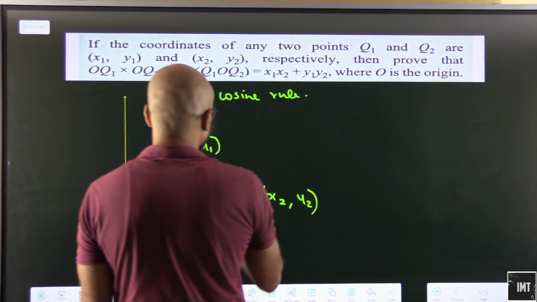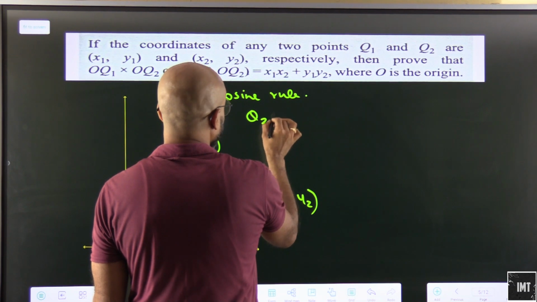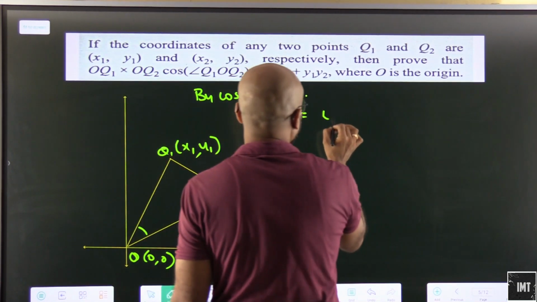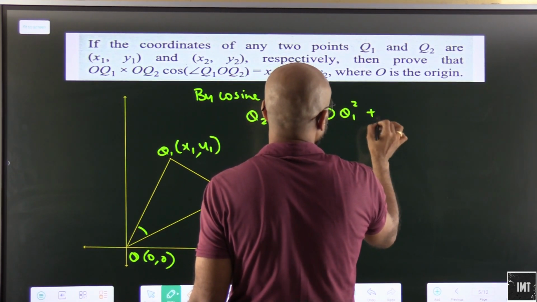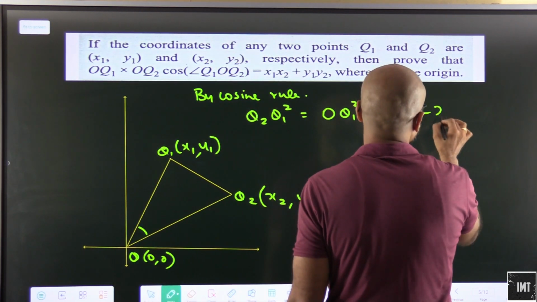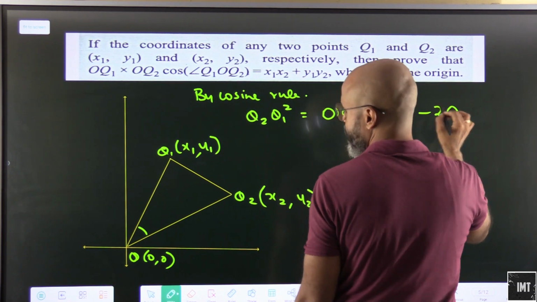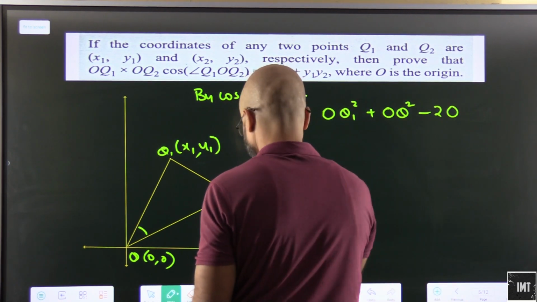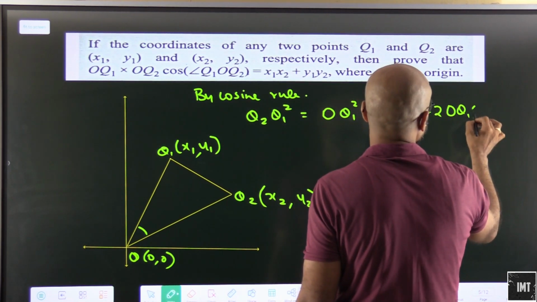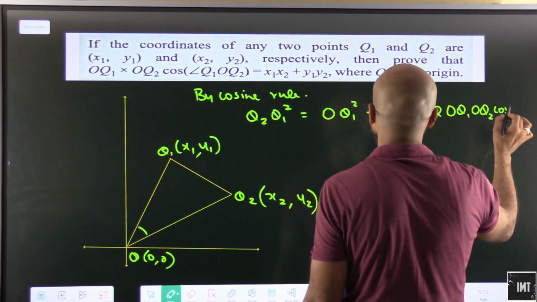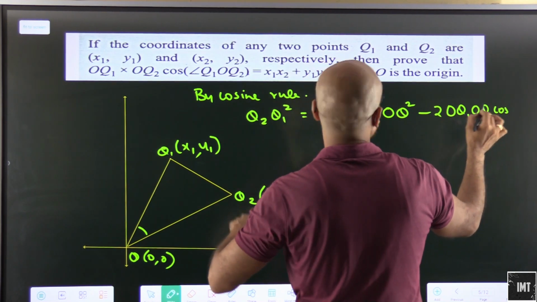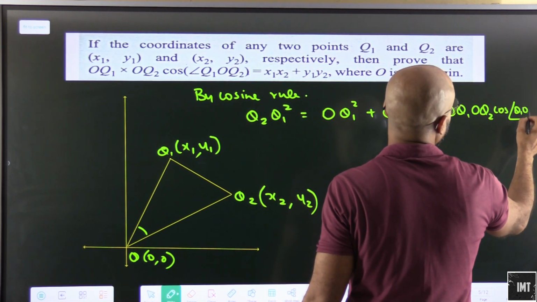Okay, by cosine rule we can say that Q2Q1 square, that is the resultant of two vectors, is equal to OQ1 square plus OQ2 square minus twice of OQ1 into OQ2 into cos of angle Q1OQ2.